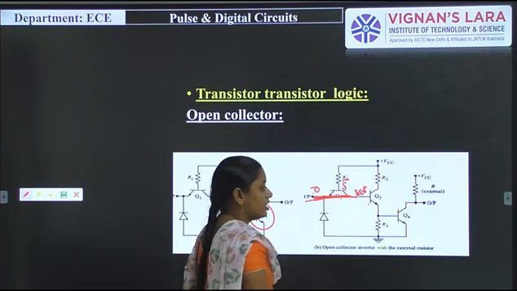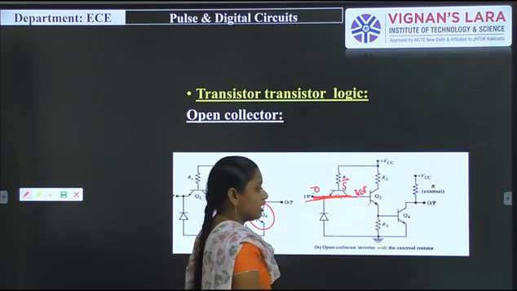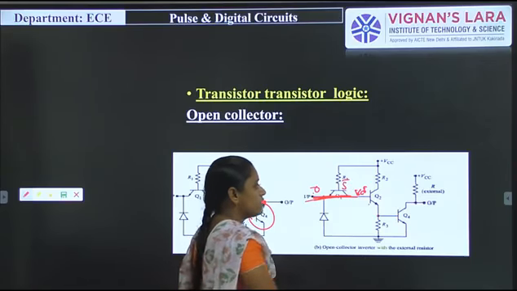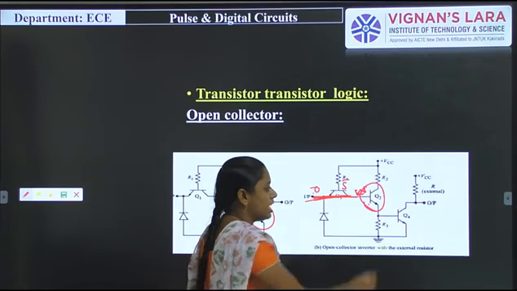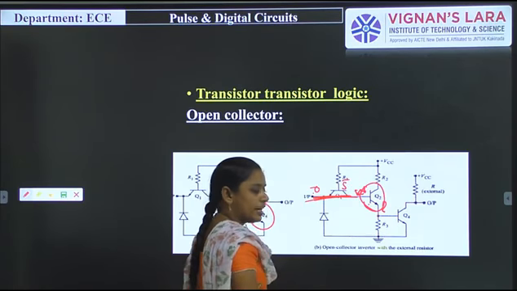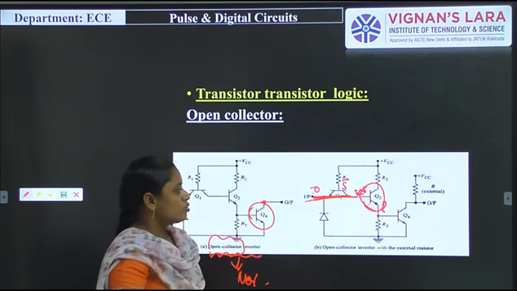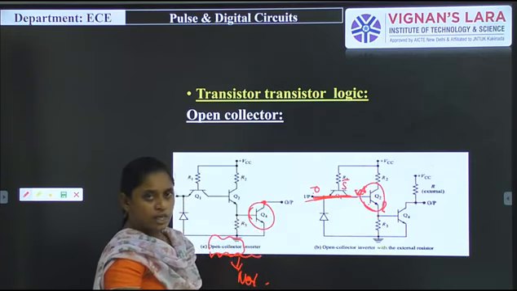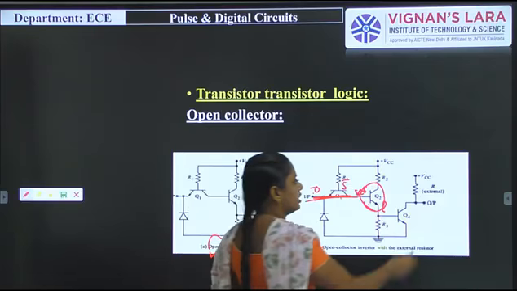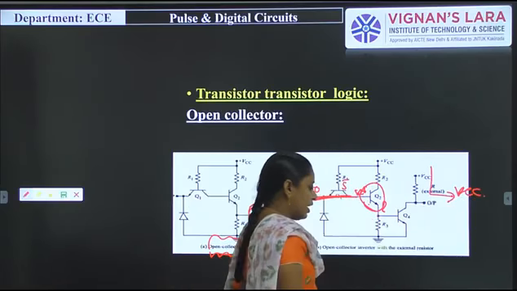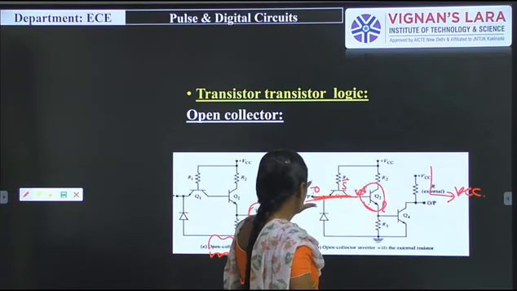Another terminal, that is Q4, is also in off condition. Why? Because when Q2 is in off condition, the emitter terminal of Q2 is connected to Q4. That's why Q4 is also in off condition. So then the output will be VCC voltage at this output, whenever the input signal is 0.